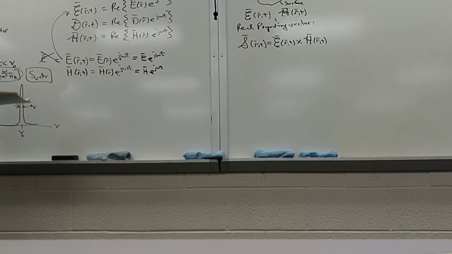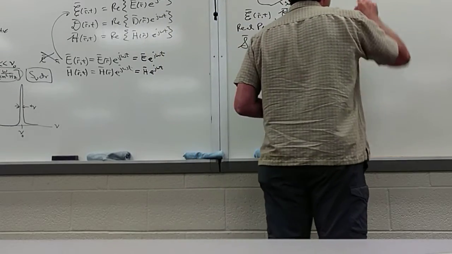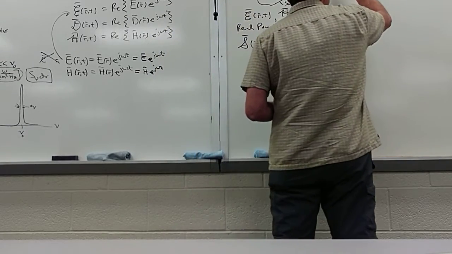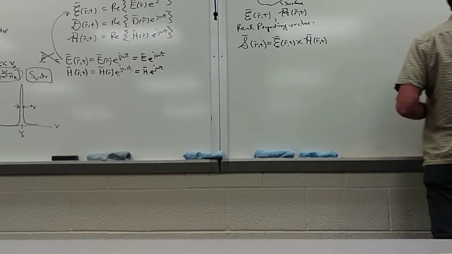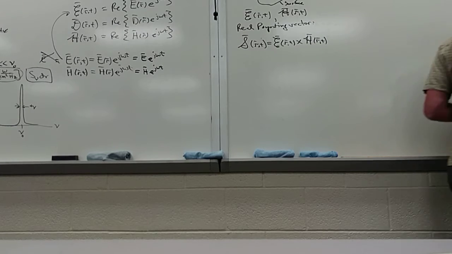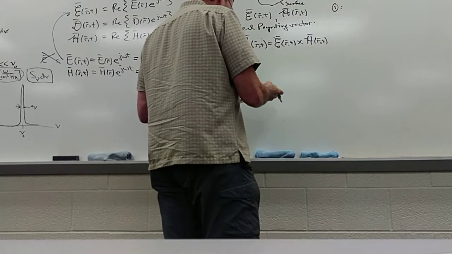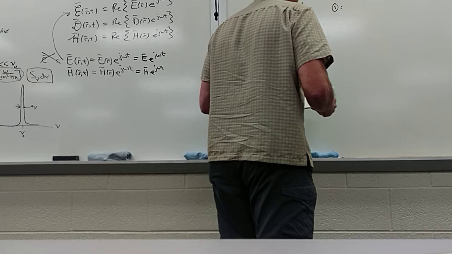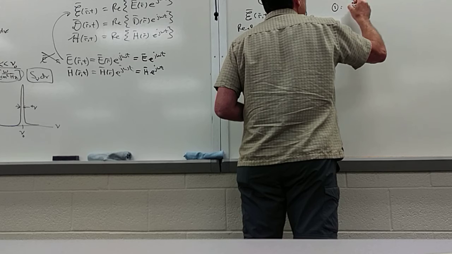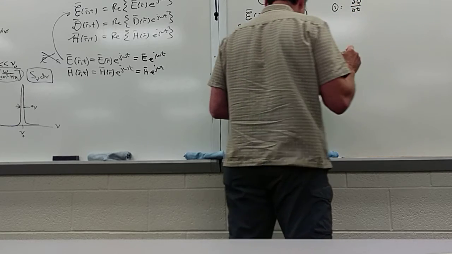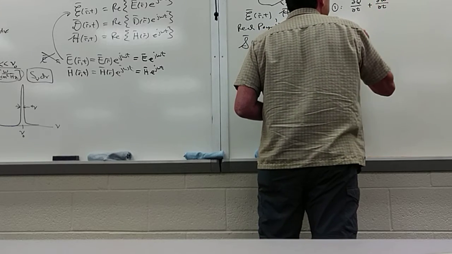Now, it's important to know what these things mean. So let's call this thing here the first term. I'm just going to say 1. And this thing, second term, and this thing, the third term. Okay, first term, what does it mean? Well, what it's basically saying is that we can write this as the partial derivative of Q with respect to time plus the partial derivative of W with respect to time.